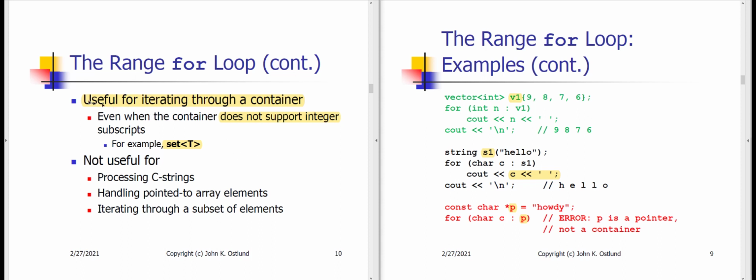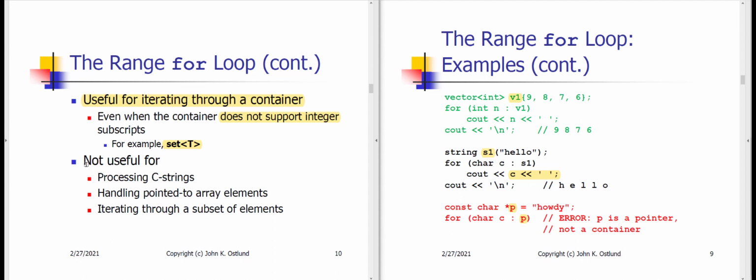So that's the good news about the range for loop. It can iterate through any container, both arrays, string objects, and also all of the standard library containers like vector, set, list, double-ended queue, unordered set, and several others.